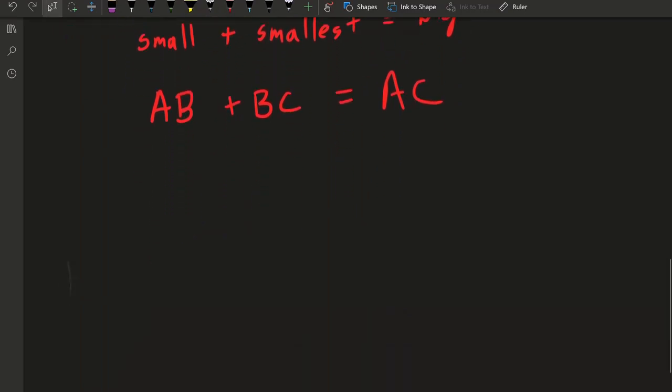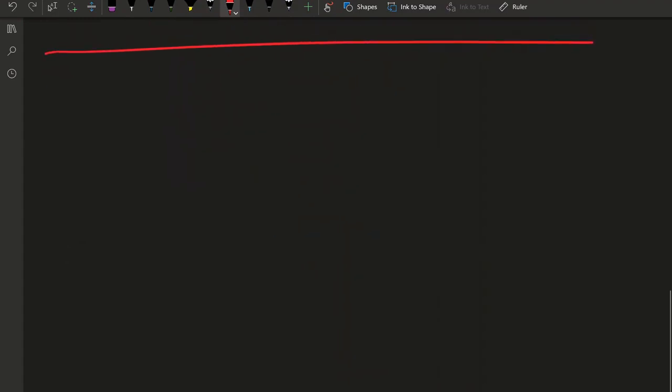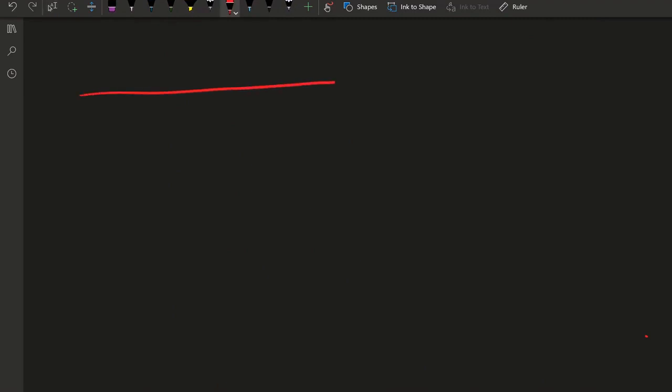Okay, let's give an example of how this would be used. Let's start simple. We'll say that I have a segment here, and we'll say this is A, B, C, and this piece is 7 units long, and this piece is 4 units long.